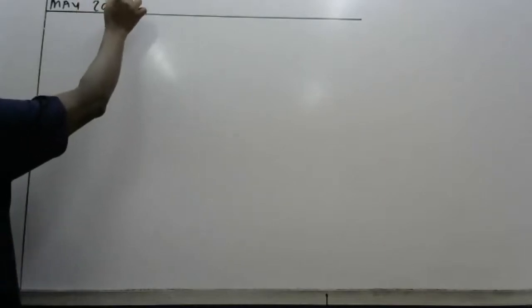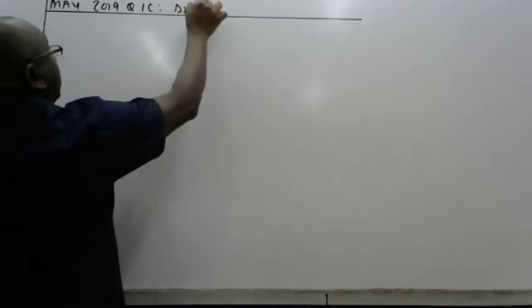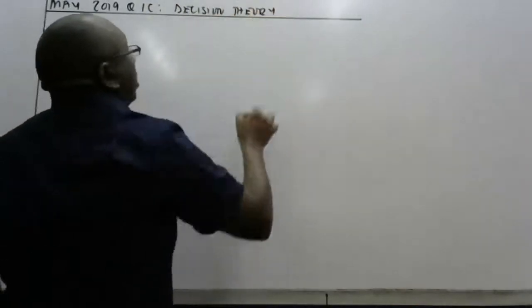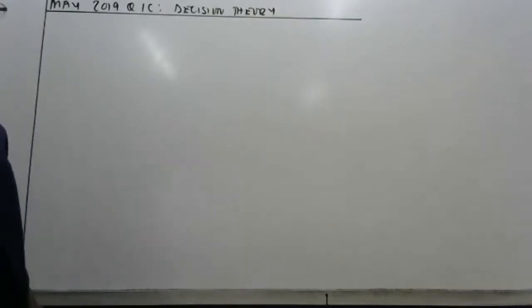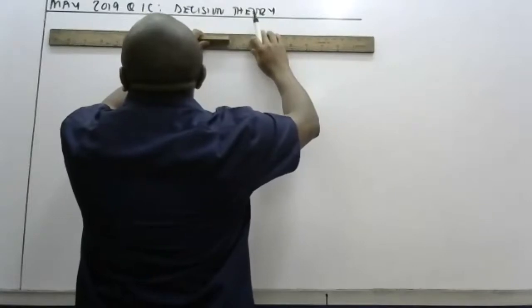So we are dealing with the question of May 2019, question 1C. That question has come from the topic we call decision theory. So we are going to have something like this.